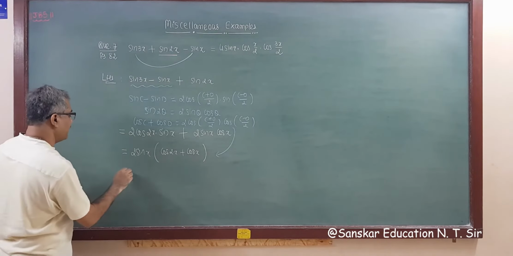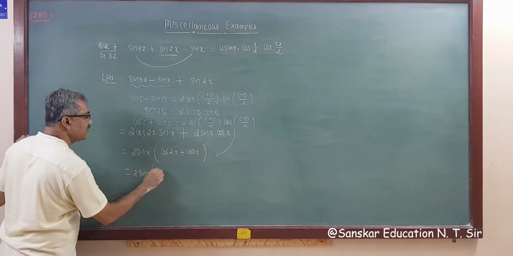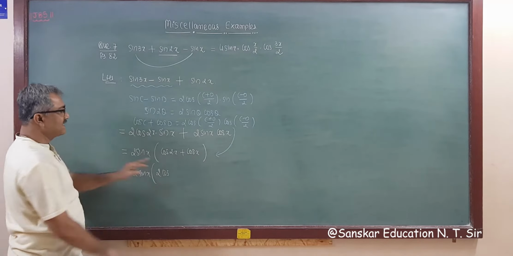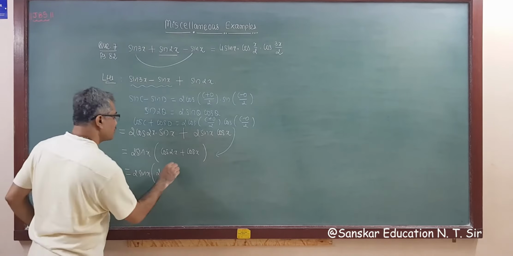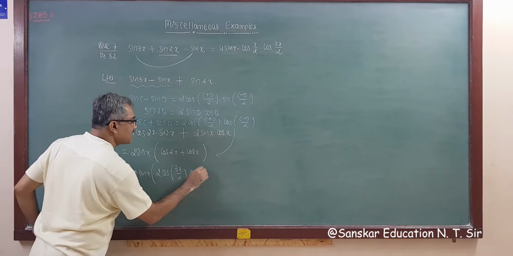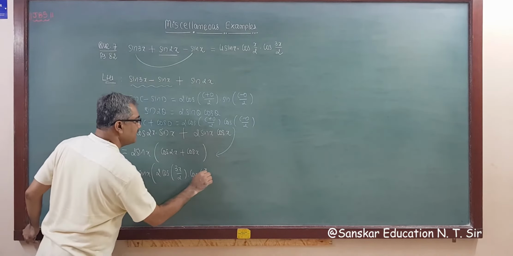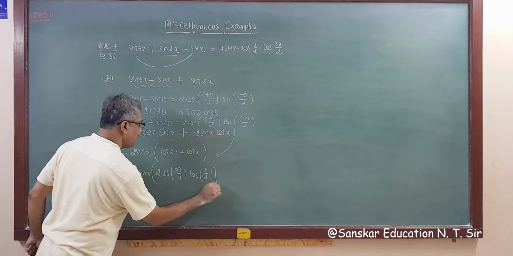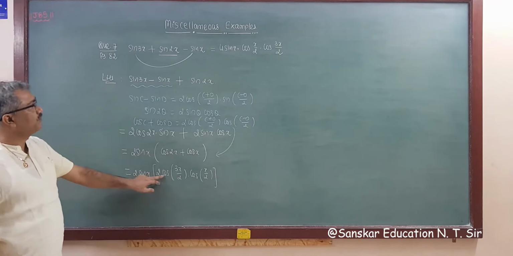Applying this formula, what we get: 2 sin x, and 2 cos of (2 plus 1, 3x, divided by 2), so 2 cos 3x/2 into cos of (2 minus 1, x, divided by 2) x/2. So 2 into 2 is 4.